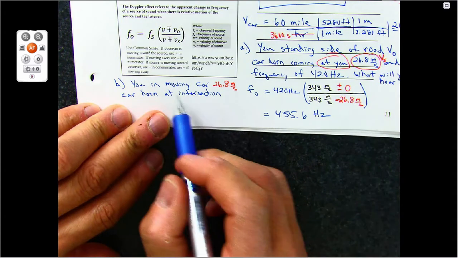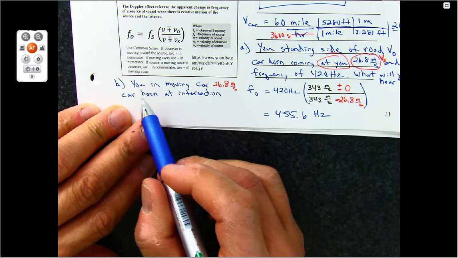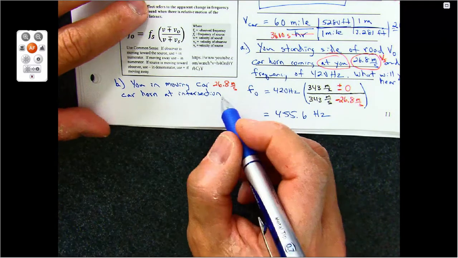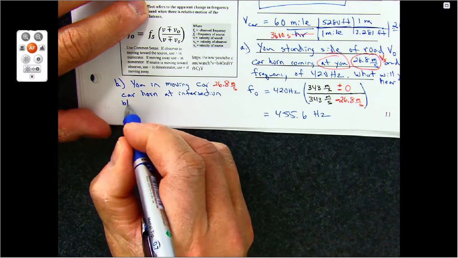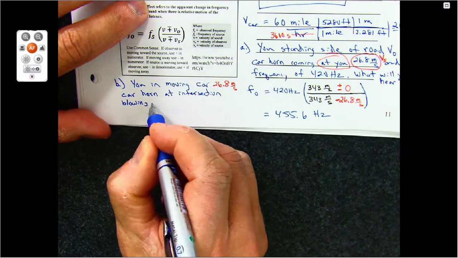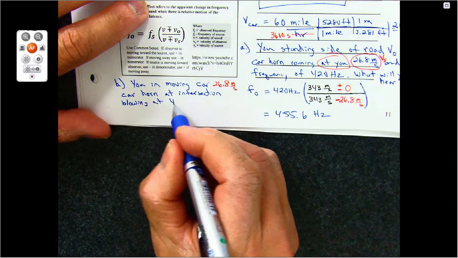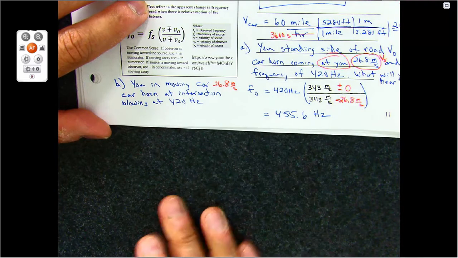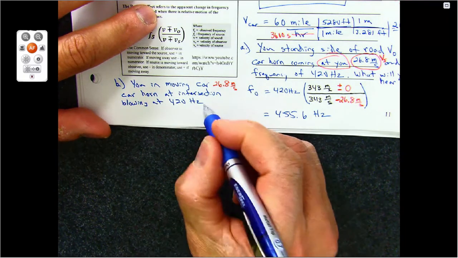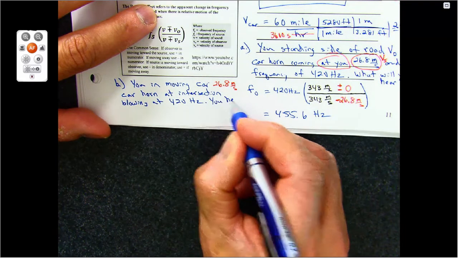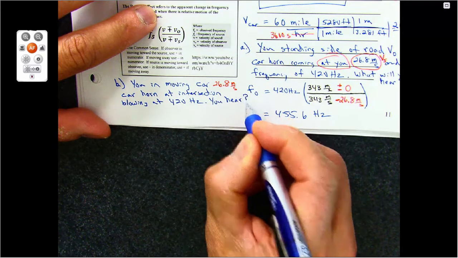Let's see, you in a moving car at 26.8, car horn at the intersection, blowing at, we'll do 420 hertz. You hear what?